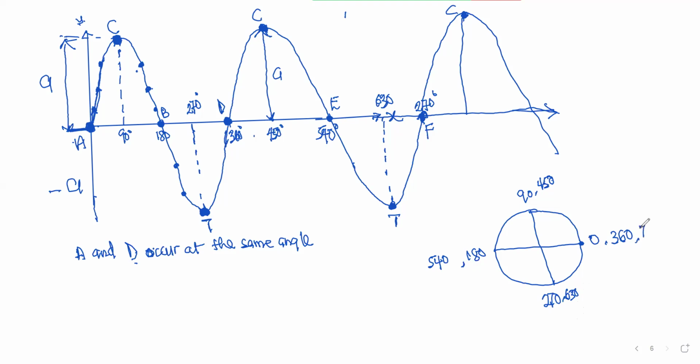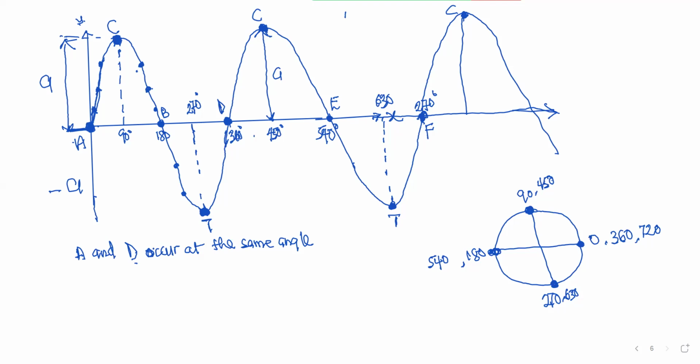Then back to 720. This point 0, 360, 720 are at the same point. They are the same angles. 90 and 450 act at the same point. They are the same angles. 180 and 540 same. 270 and 630.